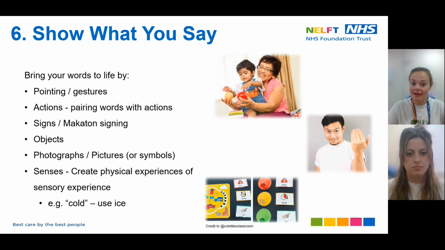We can use signing. We can also show what we mean by using objects, using pictures or symbols, and also creating a physical experience using our senses. So we might have a lovely cozy blanket to think about the word soft, and we might use ice to explore the word cold.